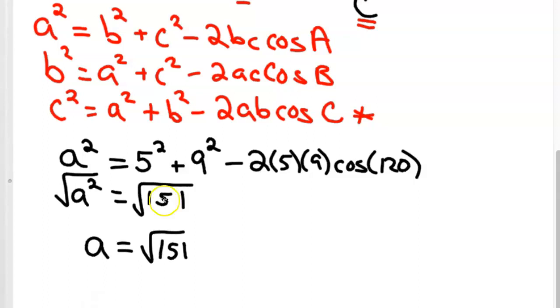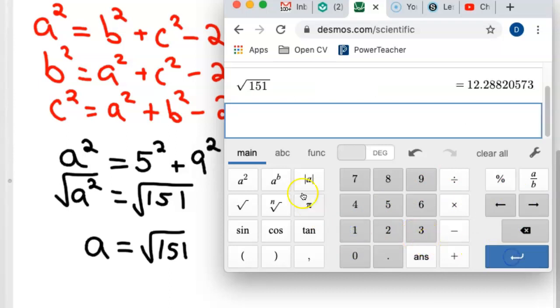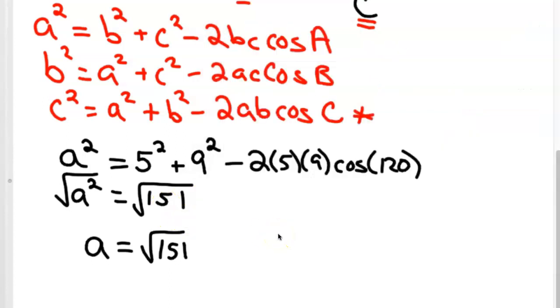If you're going into Khan Academy or you have to enter that, make sure you save all of your rounding to the very end, and there you have it. So your answer here is approximately 12.29.